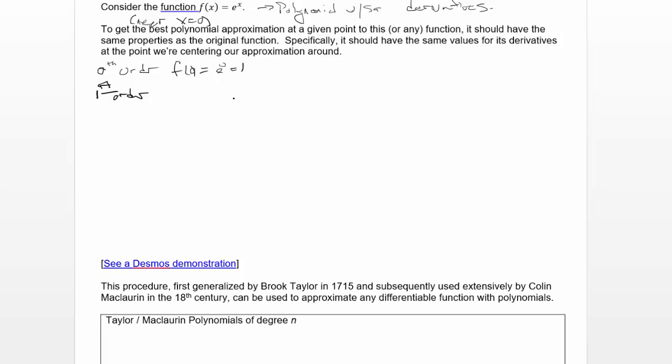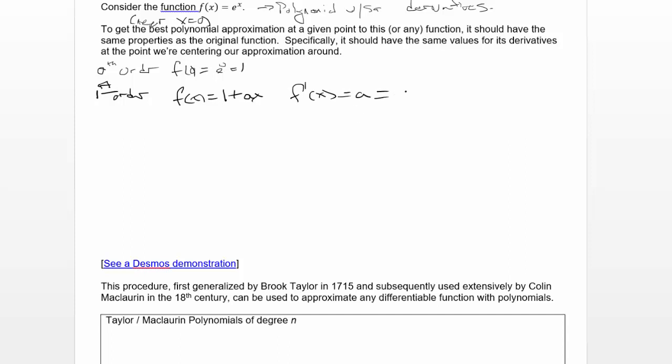In order to get a first derivative at 0, we'll want our zeroth order polynomial plus some coefficient times x. We want the derivative of this polynomial to be the same as the derivative of our original function. So the derivative of our polynomial happens to be 0 plus a.